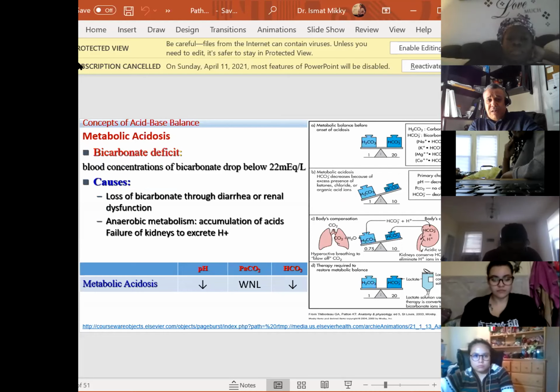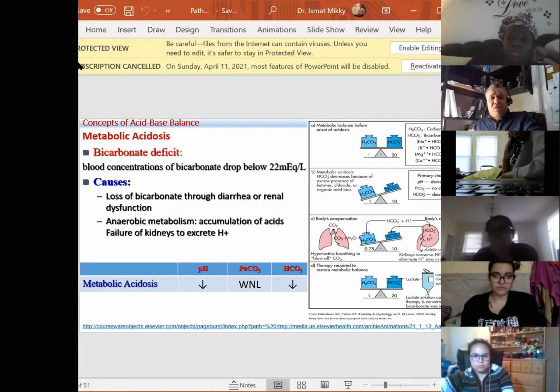That will be due to the loss of bicarb, and we said that could be from diarrhea or renal failure, or from the buildup of ketone bodies in patients with DKA, diabetic ketoacidosis. It could also result from renal failure, where the kidneys fail to excrete the H plus, the hydrogen ion, or from overdose or poisoning, and that results in the buildup of the hydrogen ion and then acidosis.